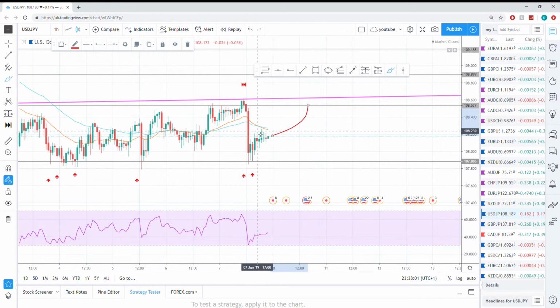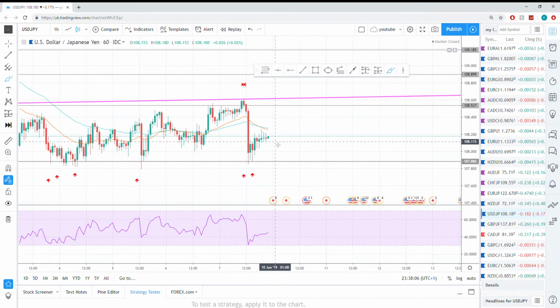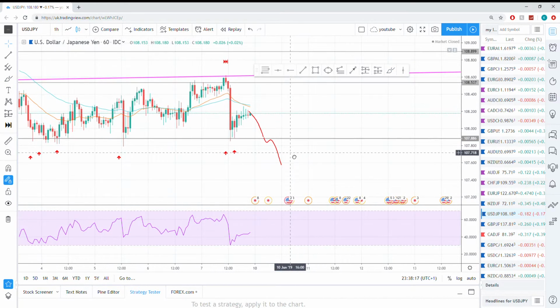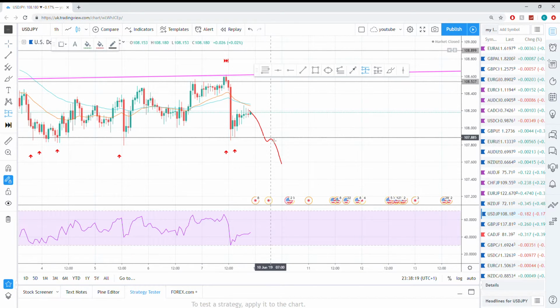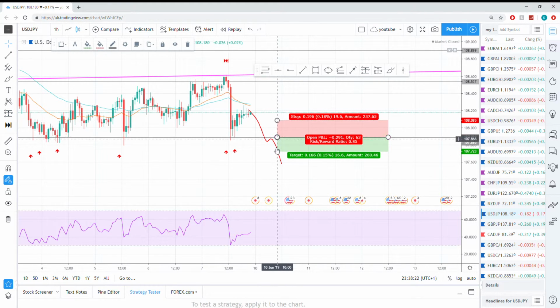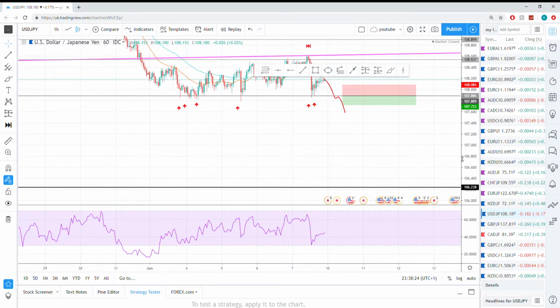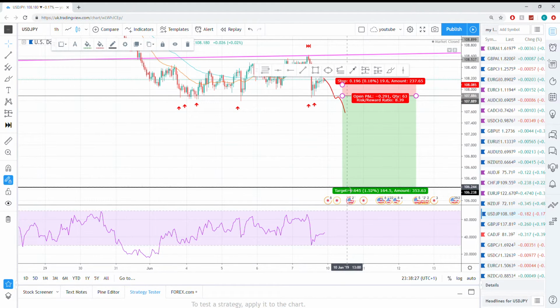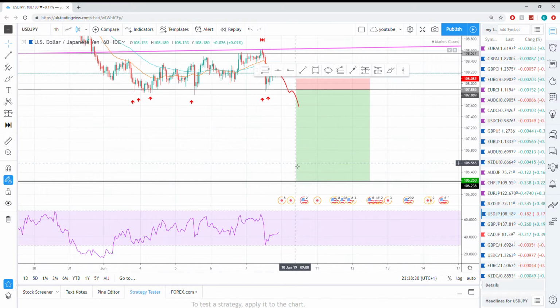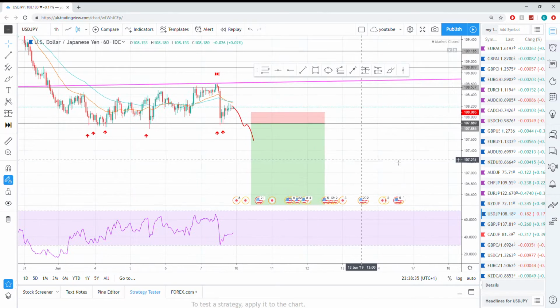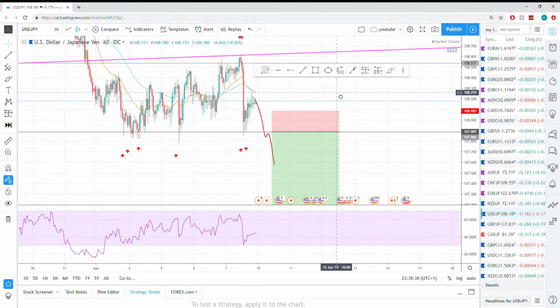As the EMAs have switched over towards a sell, I think the best route is to wait for confirmation to come down, see if it is able to close below here and come back for a retest, and then that would be the preferred entry point. And then we can continue towards the next target point here, roughly at 106.250. And this is what I will be looking for this week in terms of USDJPY.